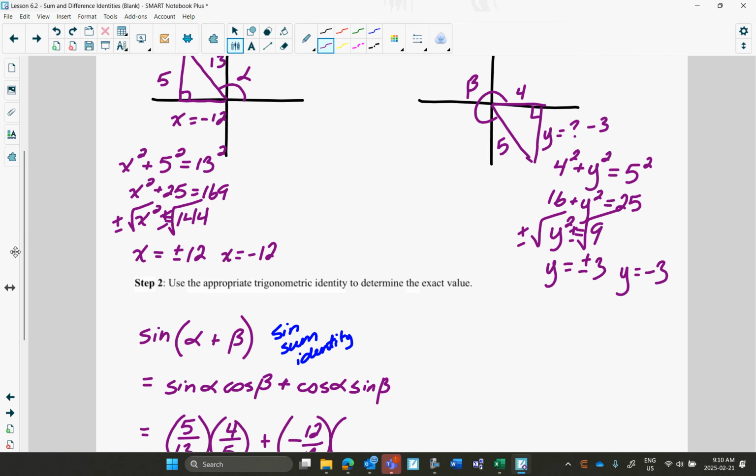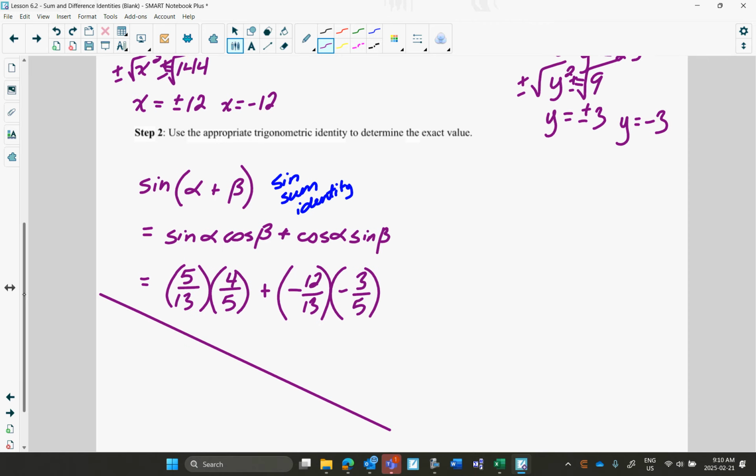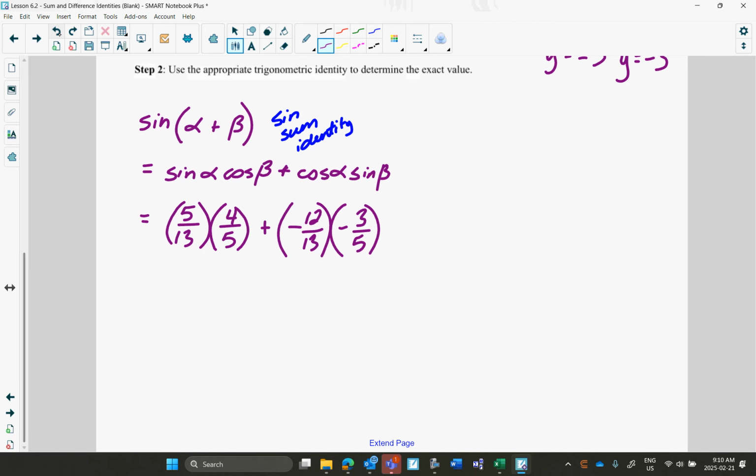Sine is going to be the opposite, -3, over the hypotenuse, +5. So I'm here. And now I just simplify it. Multiply the fractions, add them together.